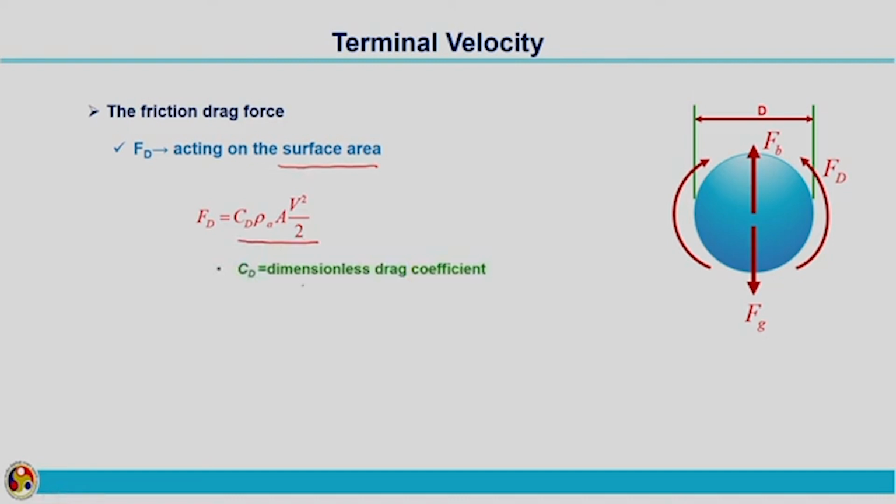Cd is the dimensionless drag coefficient and V is the velocity of fall. Then comes the area. A represents the cross sectional area of the raindrop. We are considering a spherical drop, so the cross sectional area will be that of a circle, that is, A is equal to pi by 4 d square.